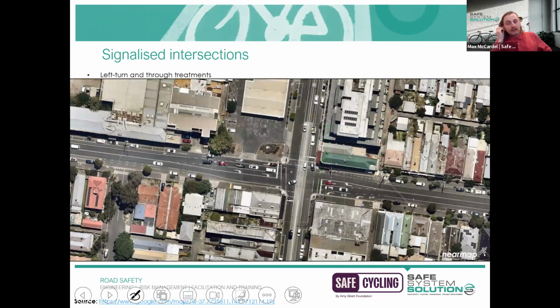I'll share a little anecdote from my ride to work in my previous home. I no longer live here, but I used to take this particular route into work. So I was living out east, so the right of the screen, and I had to ride west to get to the office.